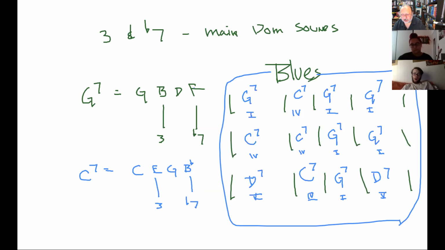So what happens here is this: in a blues, the resolutions usually go like this. If you have a G7, you have the B and F, there's your 3 and your 7, and then they resolve it by just going like this.